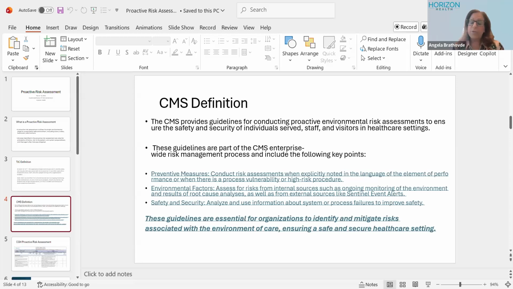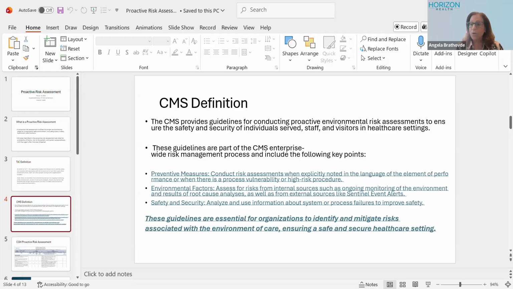Environmental factors: assess for risks from internal sources such as ongoing monitoring of the environment and root cause analyses, as well as from external sources like sentinel event alerts, just like Joint Commission. Safety and security: analyze and use information about system or process failures to improve safety.